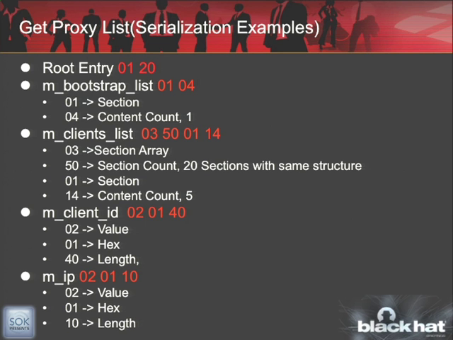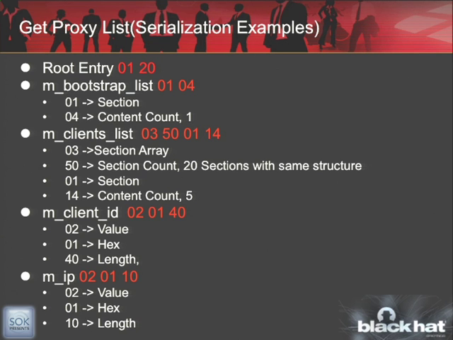And amp client list. This one is interesting, since it uses a section array. 03 means section array. 50 means there are 20 data parts with the same structure under this entry. So 01 after the 50 means a section entry, and 14 means that under this entry there are 5 parts.